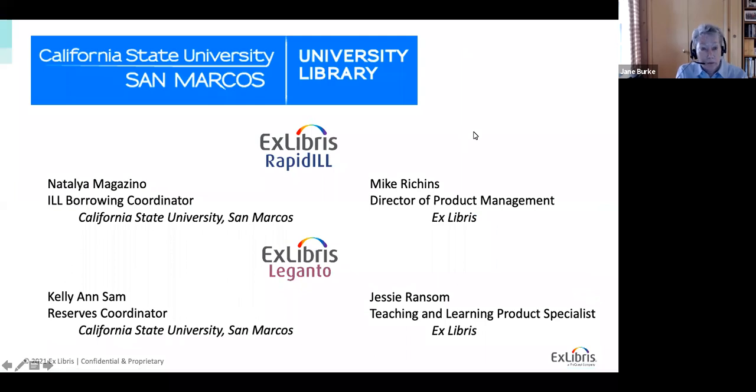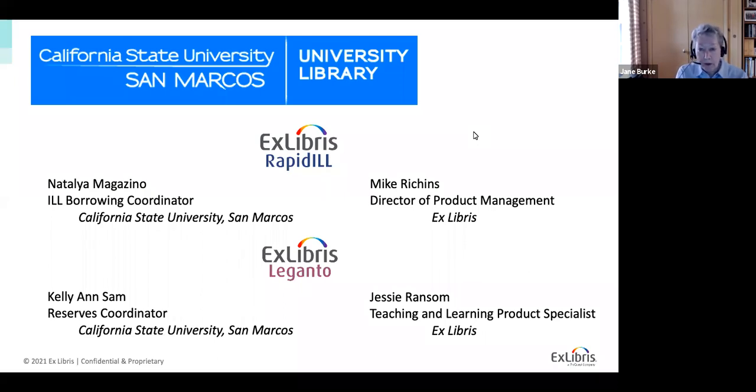So, like I said, we're very, very fortunate today to have some experts to really talk with us. We have two people from California State University at San Marcos. Natalia and Kellyanne are going to talk about how they have used two solutions from Ex Libris to really help them move into the new normal, and especially around their operations for interlibrary loan and for reserves.